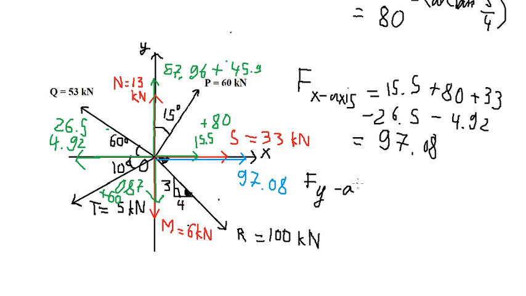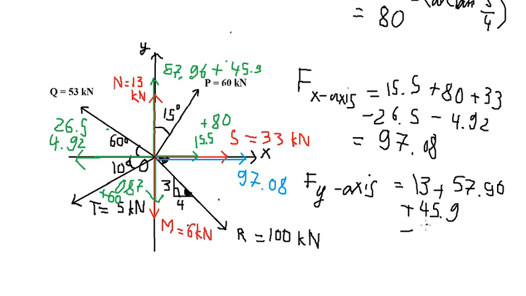And now we go to y-axis. So about y-axis, we need to zoom on the vector in here minus this vector in here. So that is about 13 of the red one plus 57.96 plus 45.9 minus 6 minus 60 and 0.87.